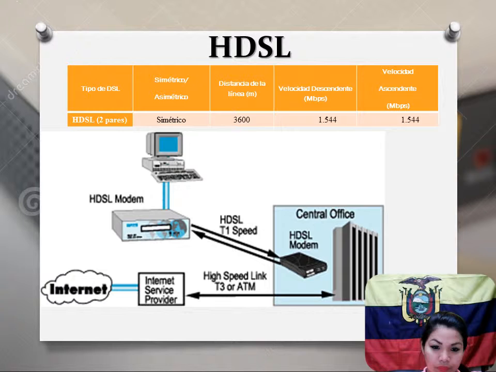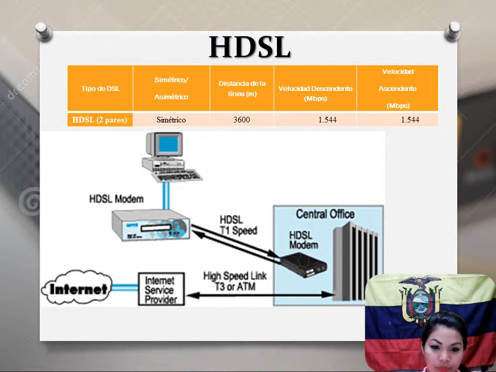The max distance for xDSL transmission is generally 3.7 km when used over copper wires. The most commonly accepted format for xDSL communication is 1.5 Mbps full duplex transmission, T1. This configuration is called dual duplex.